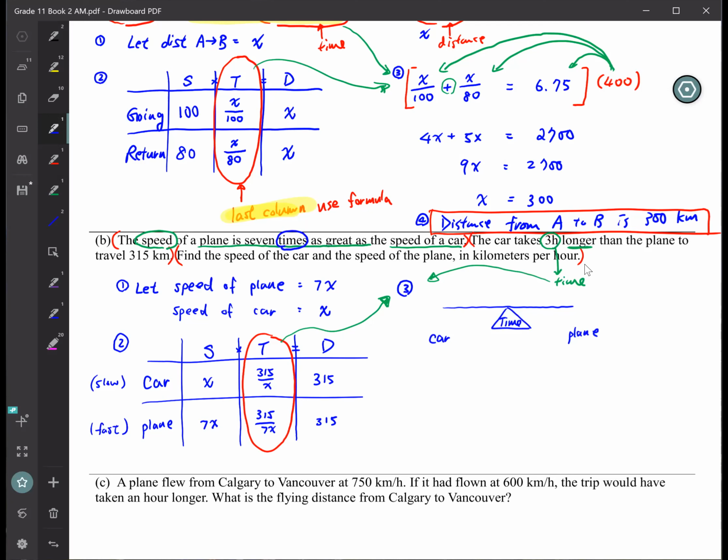Now, because it tells you that the car is 3 hours longer, longer, I'm gonna make it higher, okay? Taller, right? Higher. So I'm gonna make this go up. Okay, longer time.